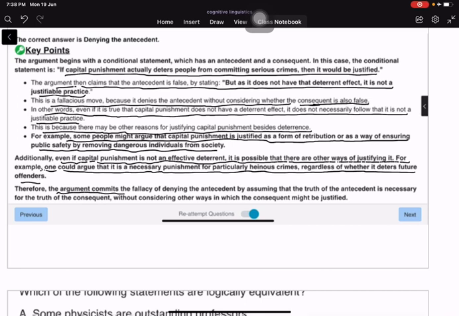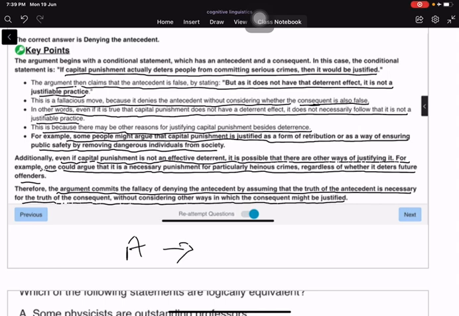Therefore, the argument commits the fallacy of denying the antecedent by assuming that the truth of the antecedent is necessary for the truth of the consequent, without considering other ways in which the consequent might be justified. Antecedent comes before and consequent comes later.